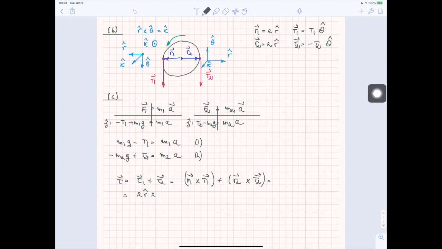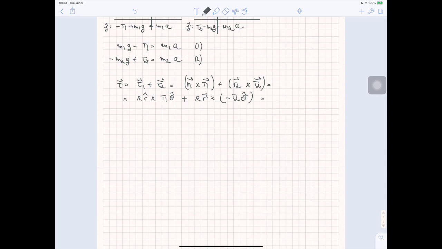So now T1 is T1 theta hat, plus, and now R2 is R theta hat cross, and T2 is minus T2 theta hat. All right.